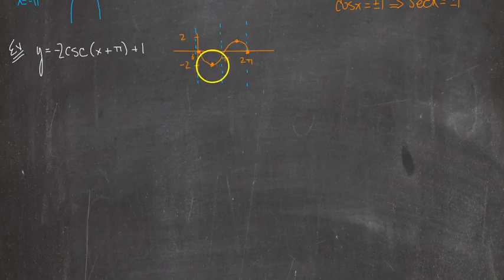Then I have my two important points that I care about at pi over 2, -2, and at 3 pi over 2, and +2.